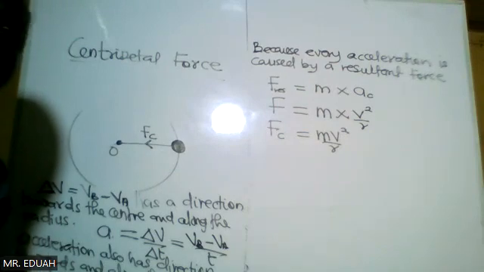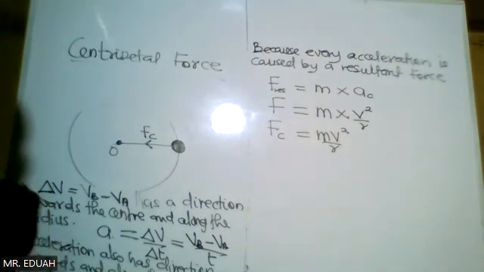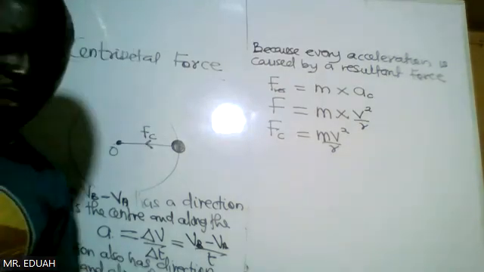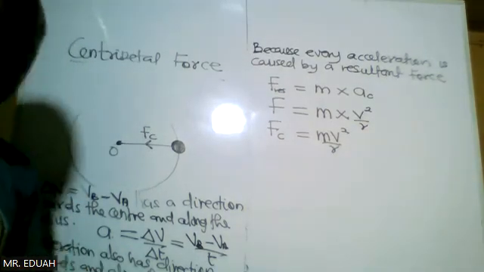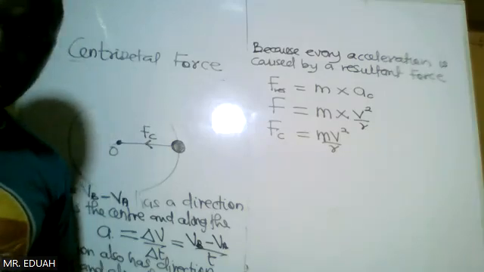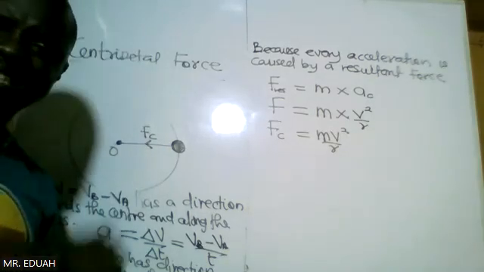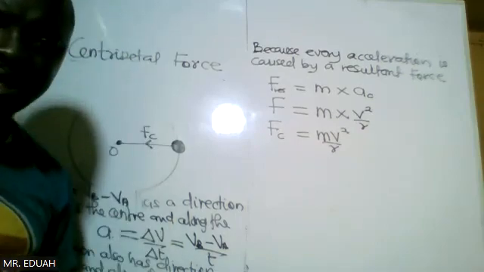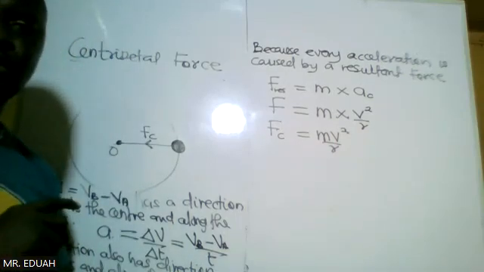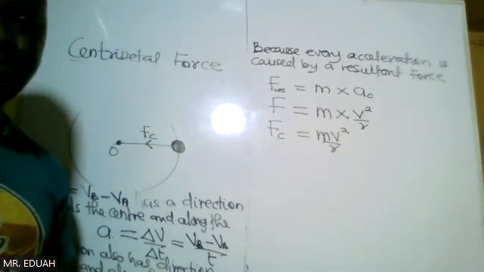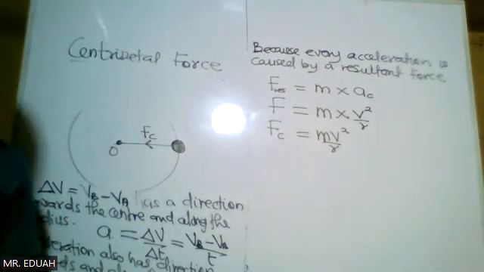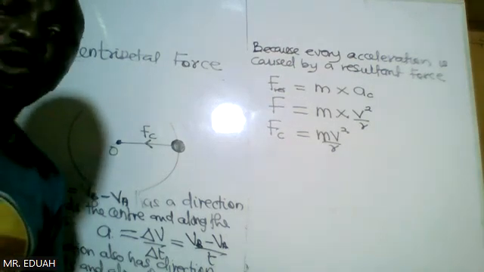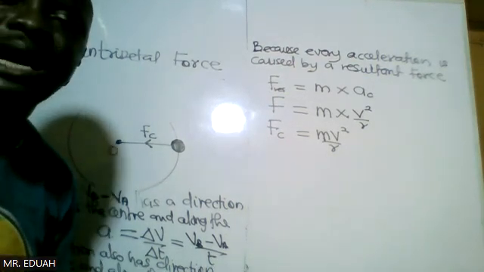The direction of the acceleration is the direction of the resultant force. So the centripetal force is also directed towards the center of the circle along the radius, hence centripetal force or radial force. In actual fact, circular motion is caused by a centripetal force.